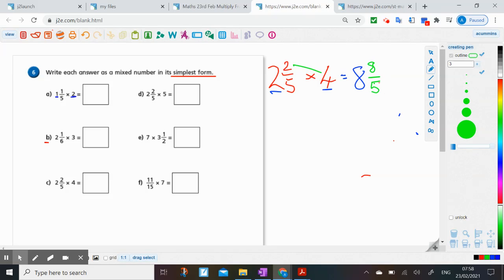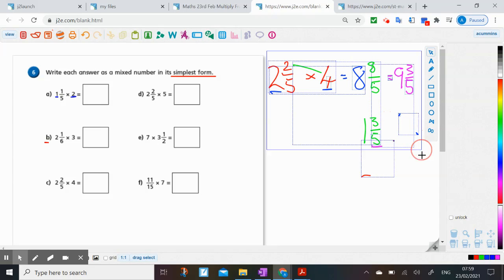Now you see 8/5, that's an improper fraction. 8/5, if we convert that back to mixed number, that's the same as 1 3/5. But we've got an 8 up here that we need to add it to. So the final answer, 8 plus the 1 becomes 9, and we keep our 3/5 from here. Your final answer is 9 and 3/5.